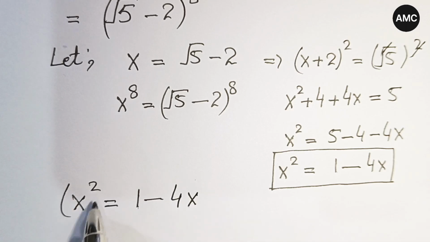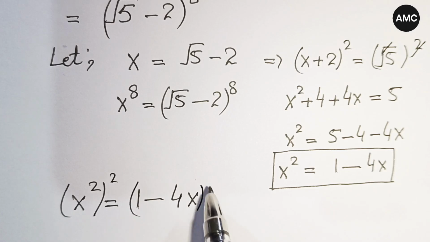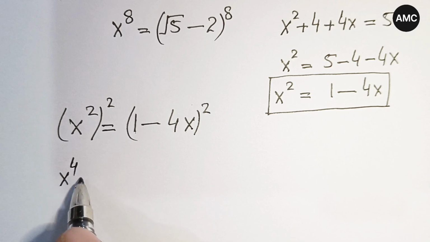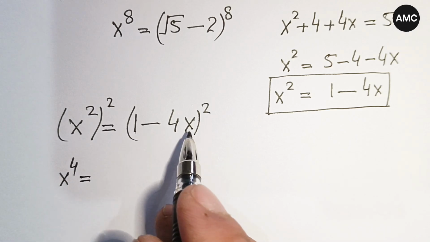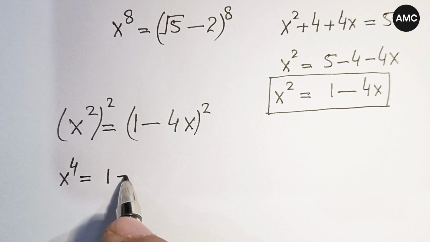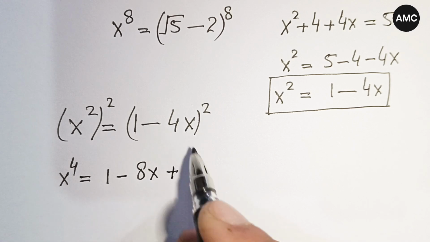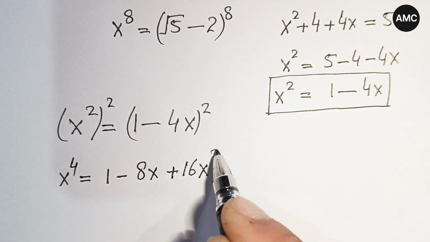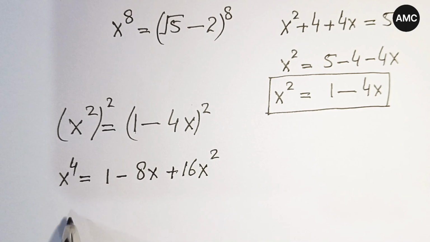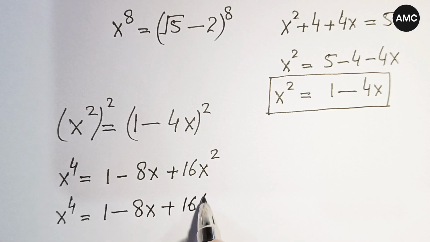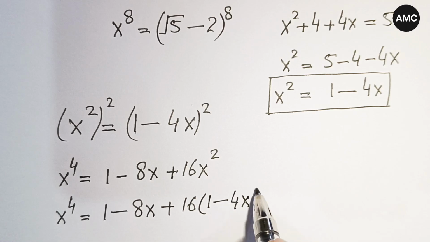Now if we take square on both sides, it will be x squared whole squared, that is x to the power 4, is equal to 1 minus 4x whole squared, which will be 1, minus 2 times a times b, that is 8 times x, and plus 4 squared is 16x squared. Now x to the power 4 is equal to 1 minus 8 times x plus 16 times the value of x squared from this equation, which is 1 minus 4 times x.